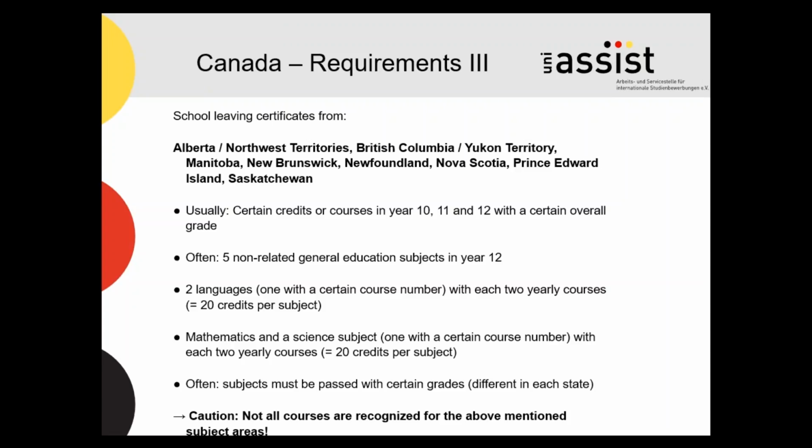You need 2 languages, one with a center course number in 2 years courses. So mostly it's 20 credits per subject. You need math and a science subject, one with certain course numbers. And very often subjects must be passed with certain grades.